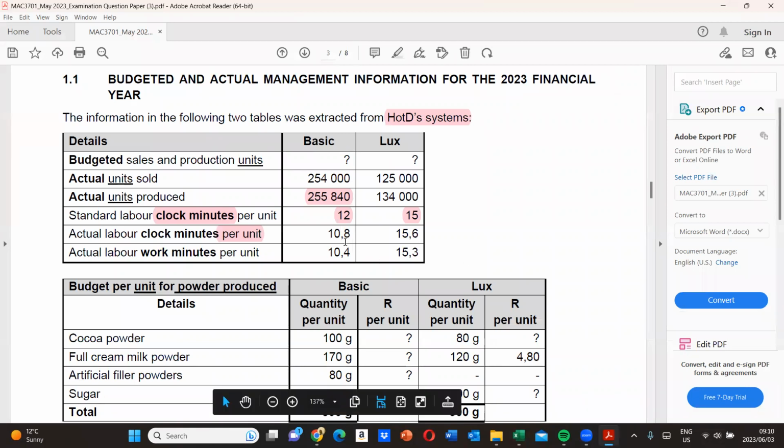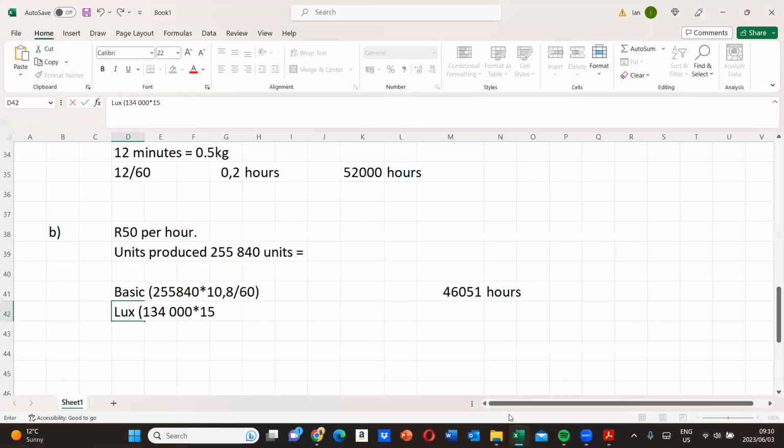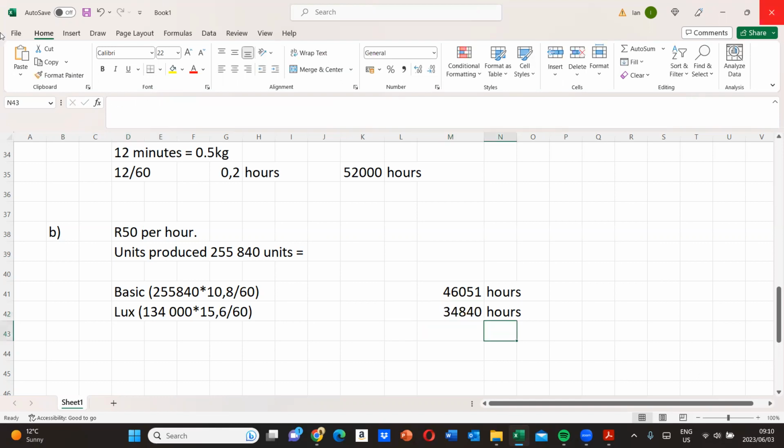Can you see we're working with actual, not budgeted? So it's 15.6, and of course, you divide by 60. So 134 multiplied by 15.6 divided by 60 will give us these hours.